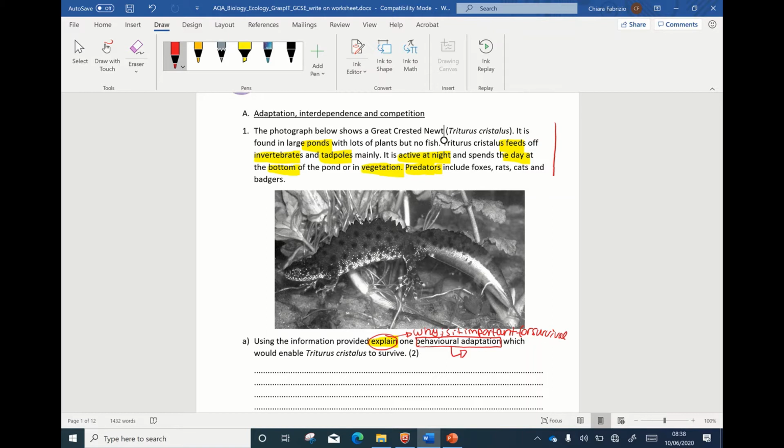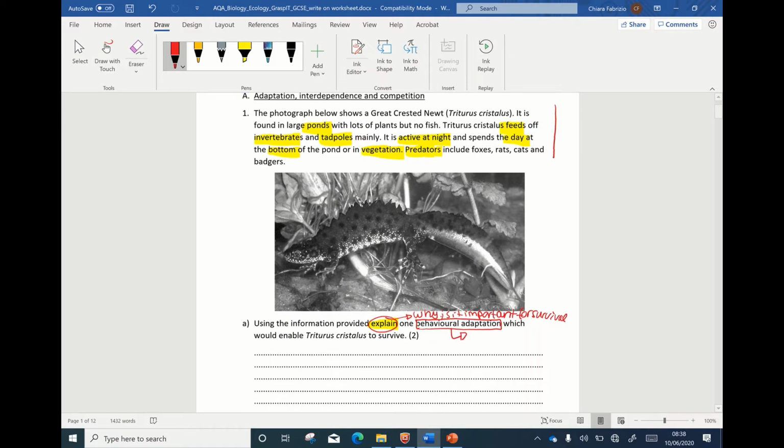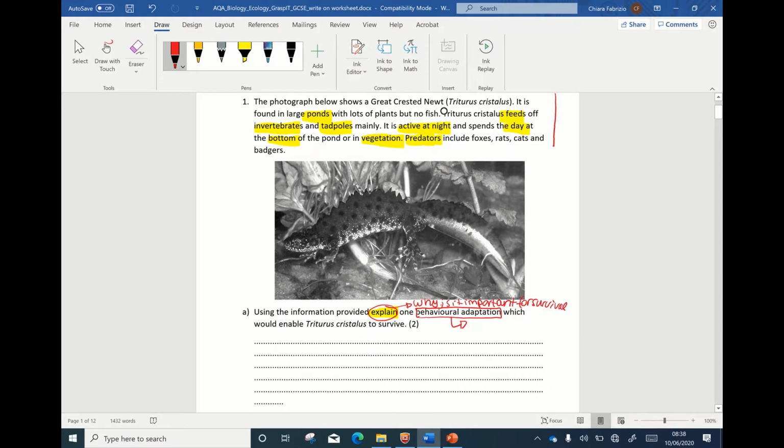So how does it behave in order to survive and not be eaten? Think about that. This question is out of 2 marks, so ideally you would use 2 minutes to answer it, but feel free to use 3 or 4. So pause the video now.